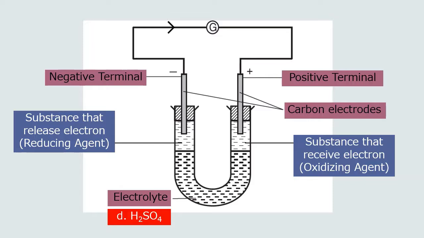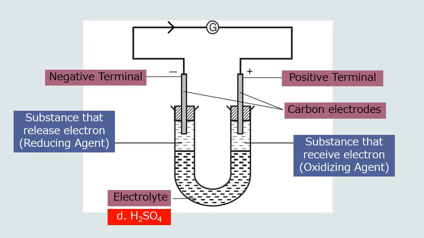The carbon electrode that is immersed in the reducing agent is the negative terminal, while the carbon electrode that is immersed in the substance that receives electrons is the positive terminal.